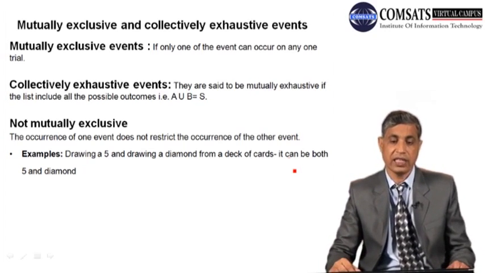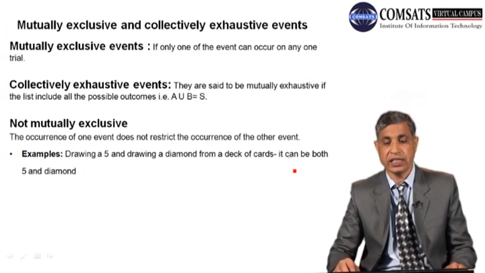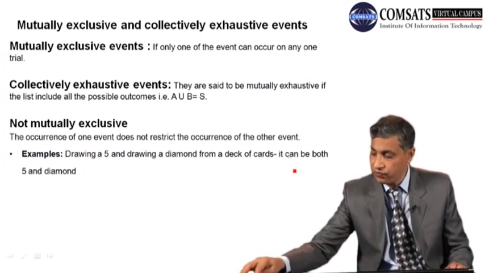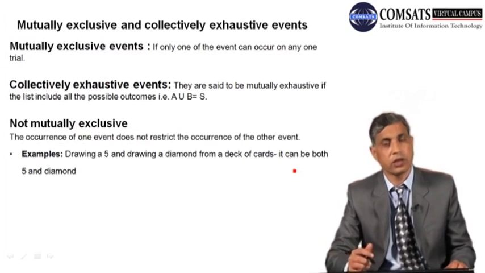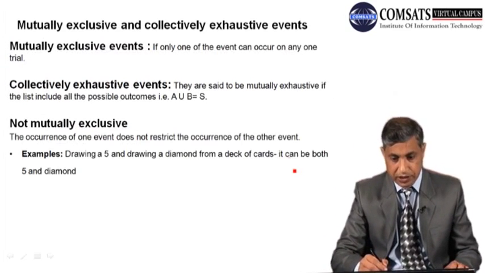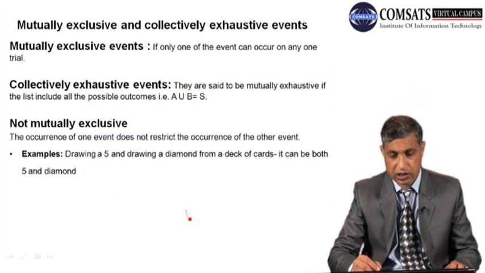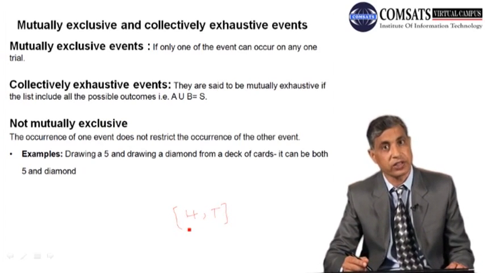And what is the collectively exhaustive event? Events are said to be collectively exhaustive if the list includes all the possible outcomes. For example, if we are talking about the flip of the coin, and we give the options head and tail, this is a collectively exhaustive event because it includes all the options.